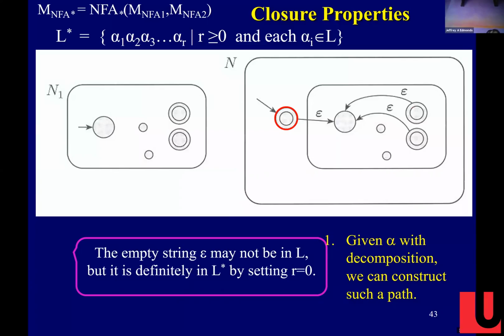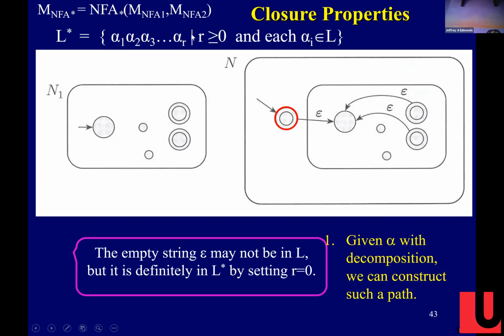All right, now people might ask, why did I have a separate start state? The reason is because maybe the empty string is not in our language. If the empty string is in the language, it's fine. But if the empty string's not in L, then its start state is not an accept state. But L star always contains the empty string. Why?